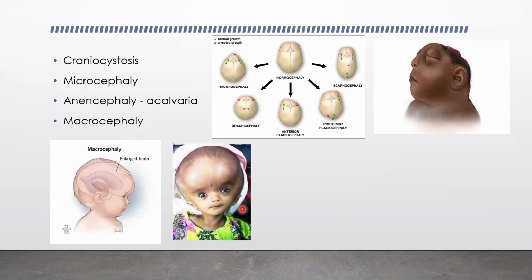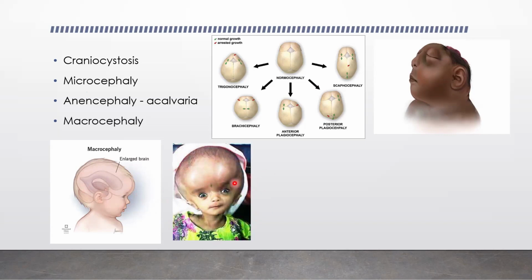Now this one is a typical hydrocephalus. At this point, you can appreciate some of the typical signs of hydrocephalus: sunset eyes, bossing of the skull, and a small viscerocranium.